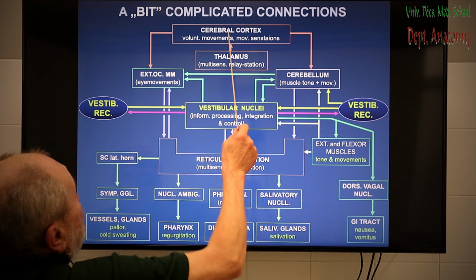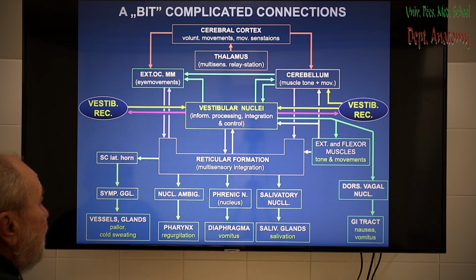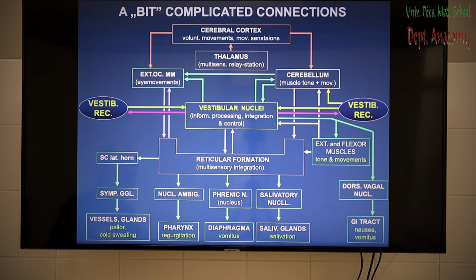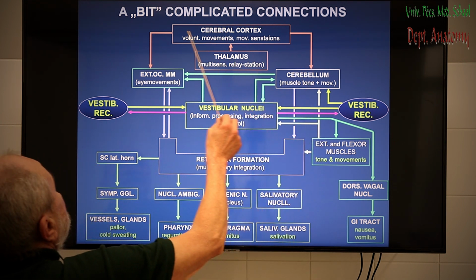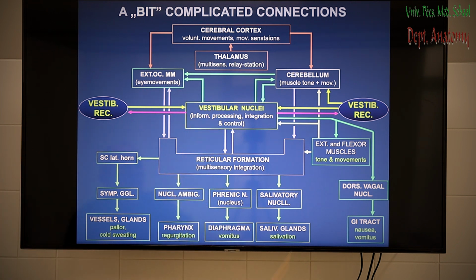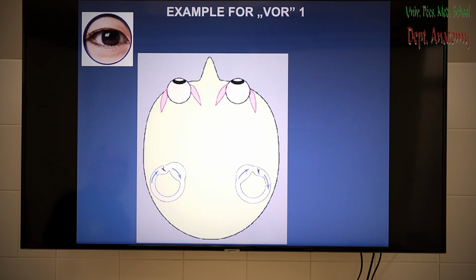And the cerebral cortex is informed of any other sensory information simultaneously, so taking them into consideration it can send down information to both the cerebellum and the eye-moving motor nuclei. So that was just to show the complexity of possible connections.